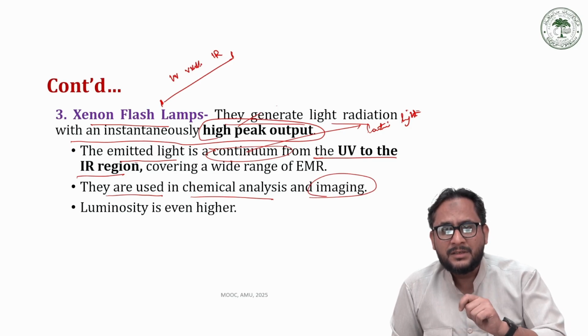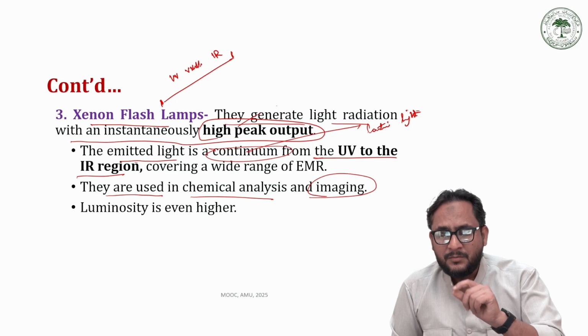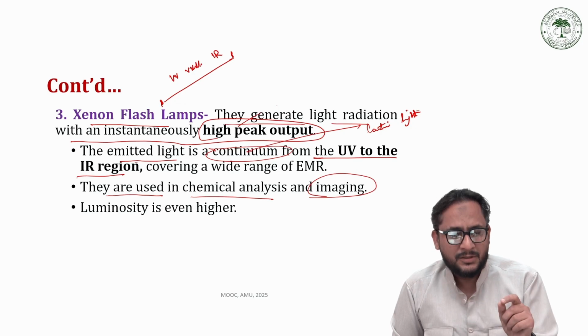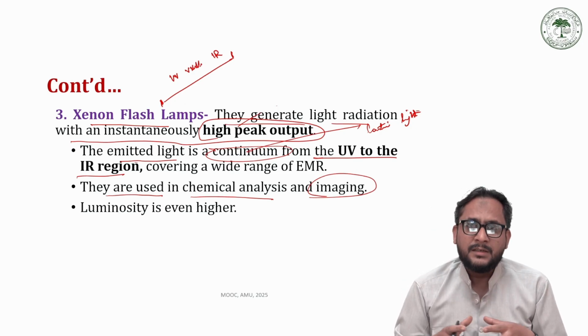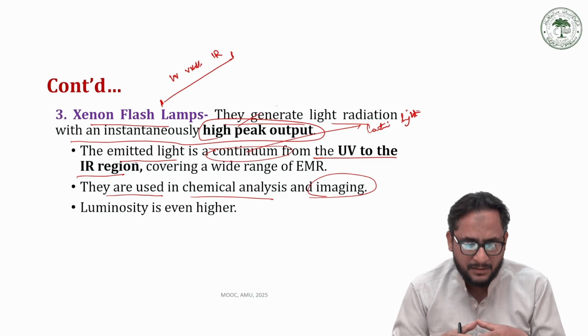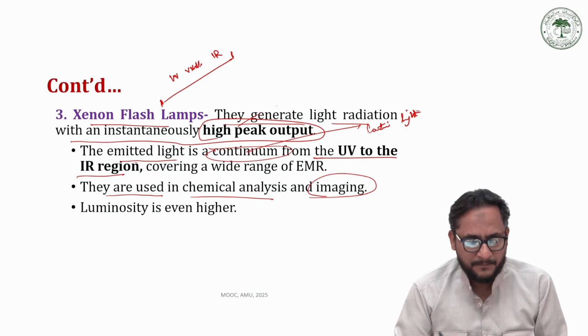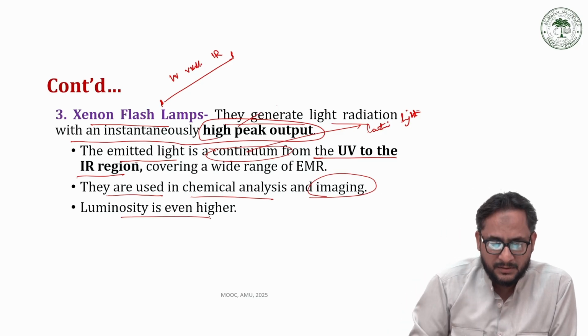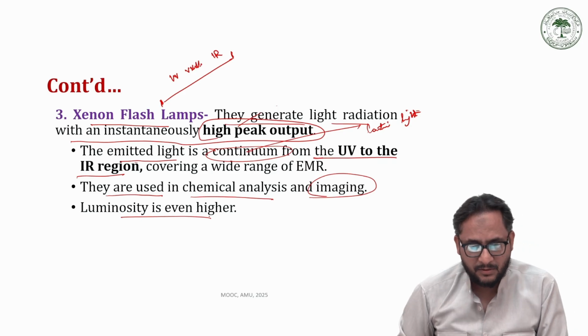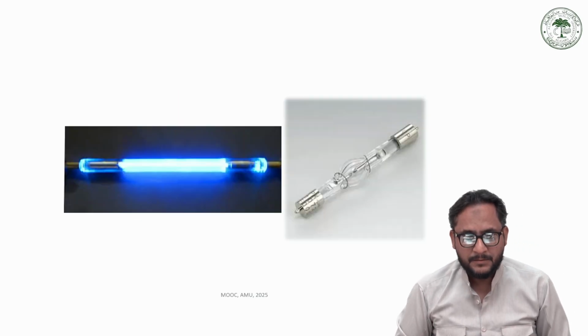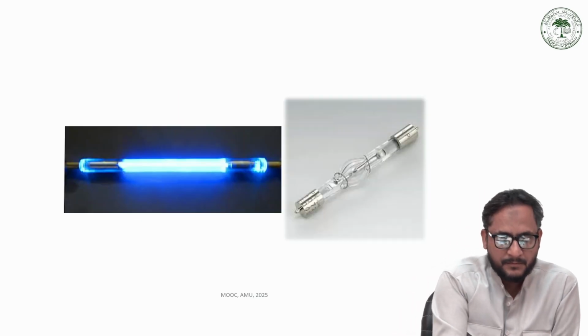In this way doctors can identify the infected parts or the infected proteins, and a detailed analysis can be done. Luminosity is higher than the xenon arc lamps. So these are of this type.